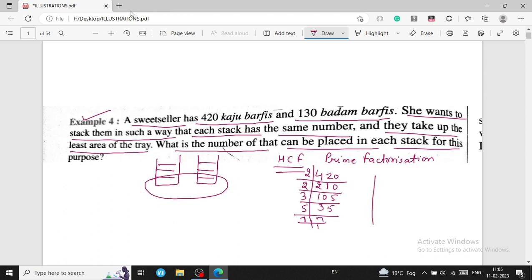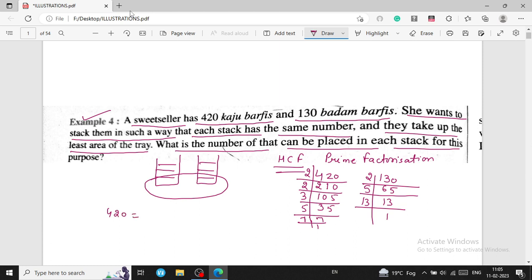Now make the factors of 130. 2 6s are 12, 2 5s are 10, 5 13s are 65, 13 1s are 13.